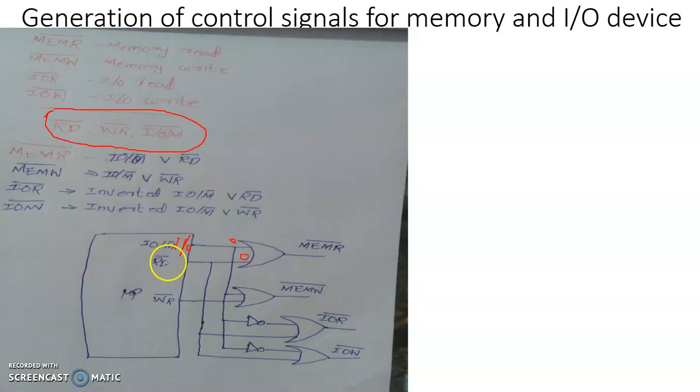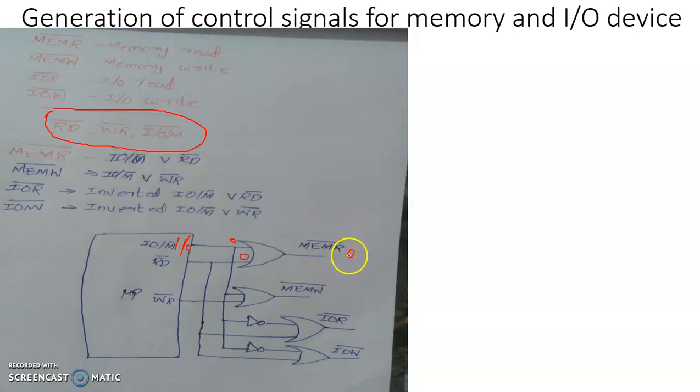The simultaneous Boolean low of these two lines are ORed, are combined to produce a logic low value when both these input lines are low. That will be an active low memory read bar line.